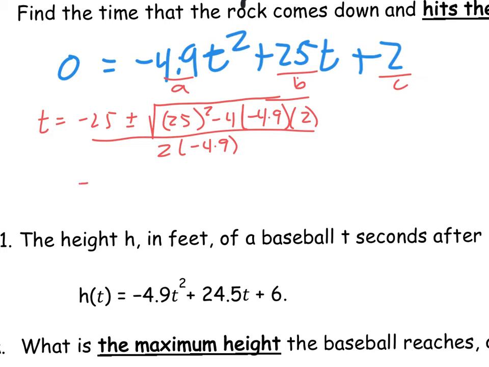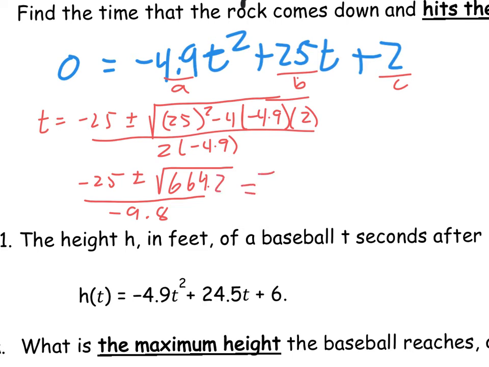It's going to be negative 25 plus or minus some number under the square root. 2 times negative 4.9 is negative 9.8. Okay, 25 squared, make sure you put it in parentheses, minus 4, parentheses, negative 4.9, and then parentheses 2. I get 664.2.